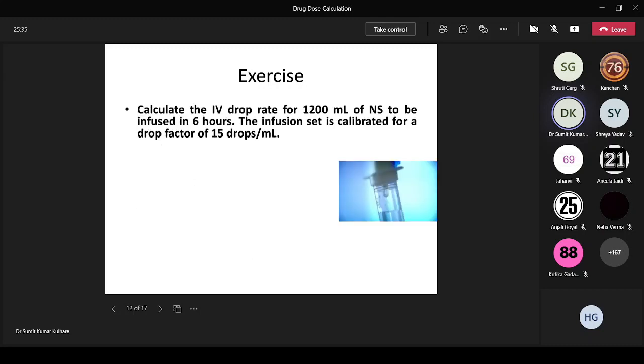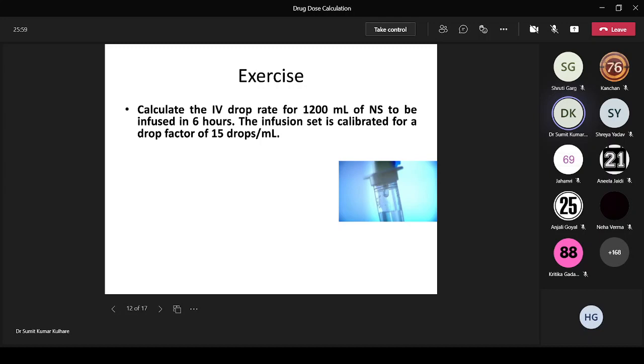Okay, let's move ahead. This one is for calculating the drop rate. This is the IV set, which you must have seen in IPDs and wards, even in movies. There is this dropper.